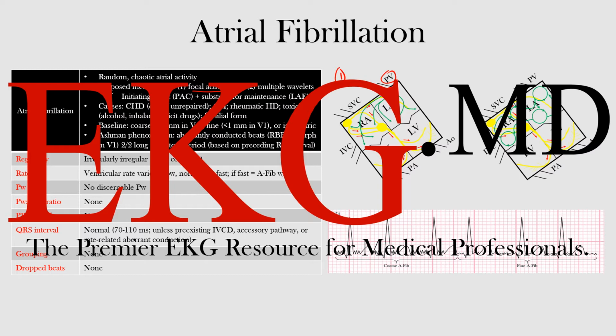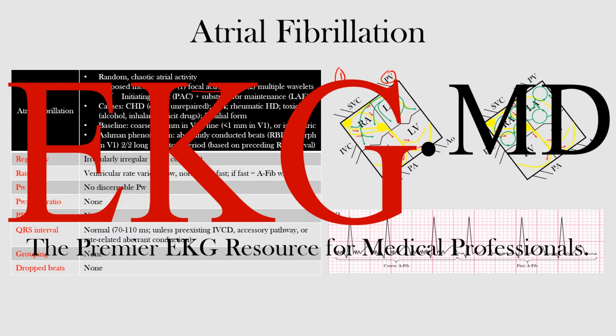Now, the second hypothesized mechanism is the multiple wavelet mechanism. This hypothesis proposes that atrial fibrillation results from the formation of multiple wandering wavelets. The fibrillation is then maintained by reentry circuits formed by some of these wavelets. This mechanism is potentiated or amplified in the presence of left atrial dilation or enlargement, as the larger surface area facilitates continuous waveform propagation.